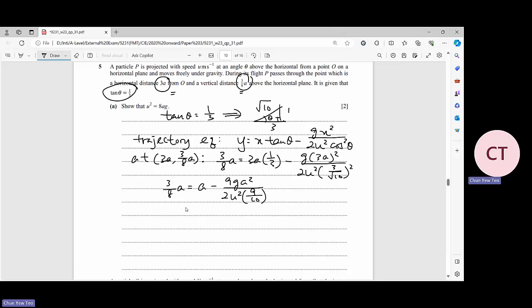I will get 5g a squared over u squared equals 5 over 8a. Therefore, u squared is equal to 8ga, shown. Just like that for part A. Done.